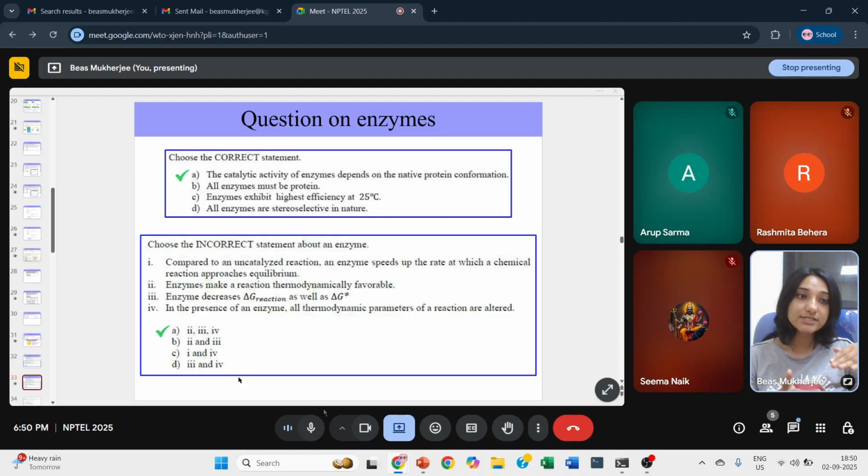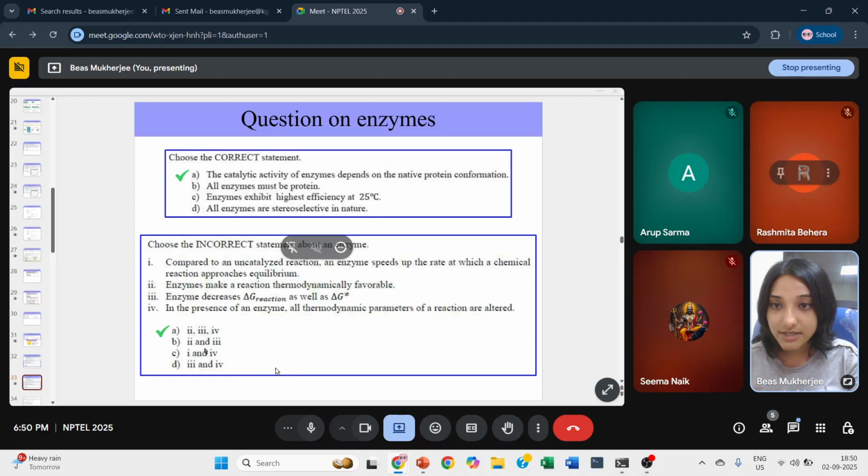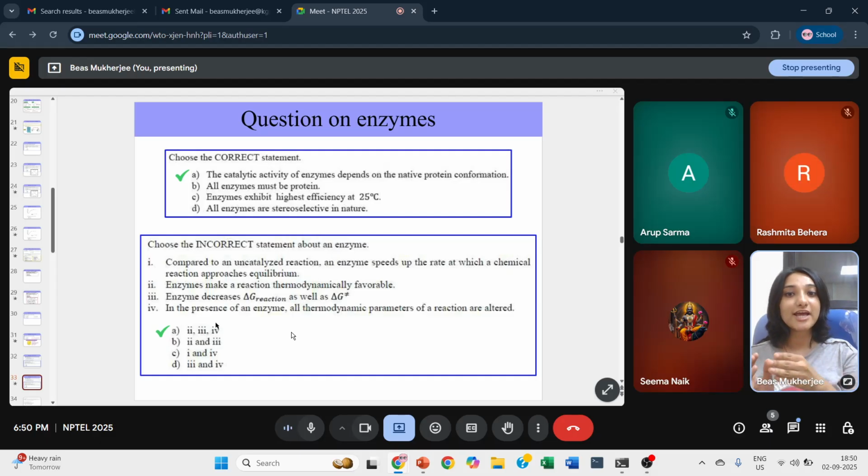It just reduces the activation energy and it pushes the reaction towards completion, that is formation of the product, not equilibrium. Okay. Now, the third, okay, sorry, one second. Okay, sorry. So the first one is actually correct. The first statement is correct. So it actually speeds up the rate at which the chemical reaction approaches equilibrium.